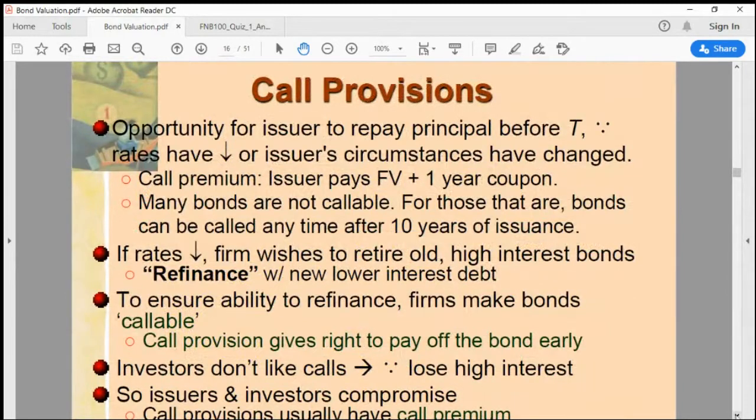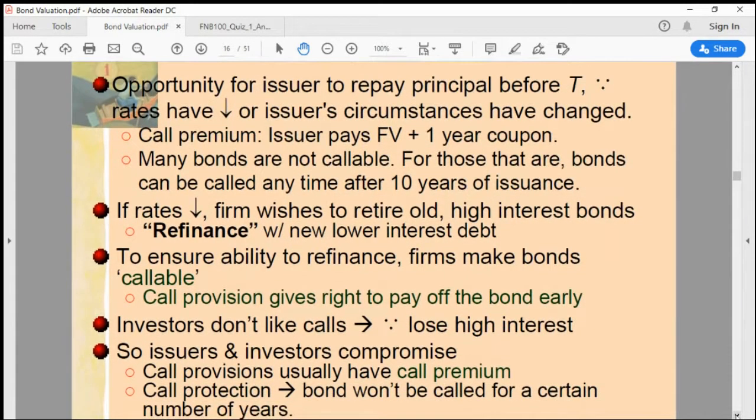The next topic is call provision. What is call? Call is an option to buy, and the opposite of call is put. Put is an option to sell. This is usually more relevant in the stock market, where there are options and futures.